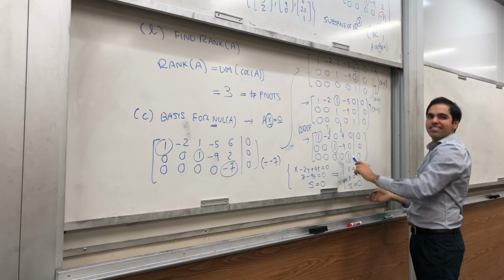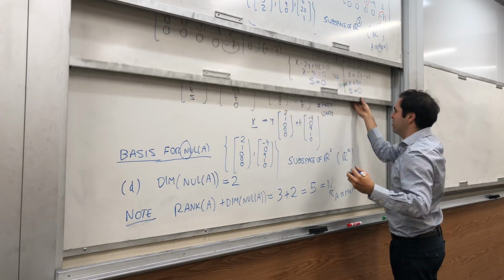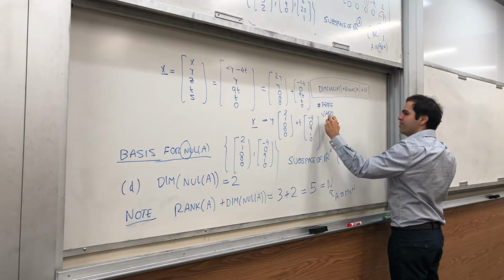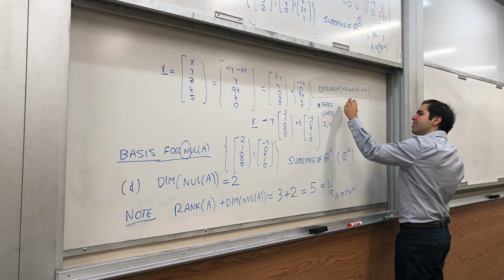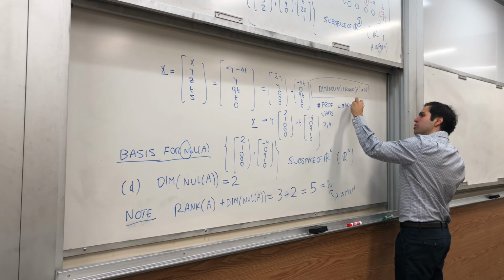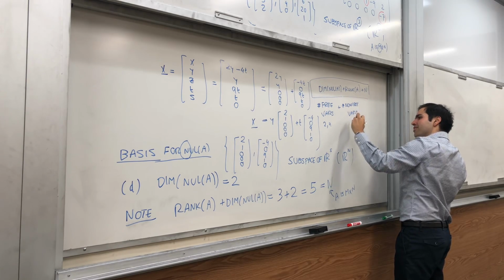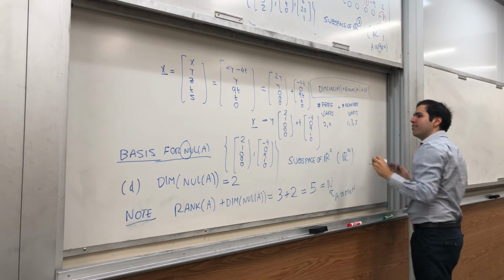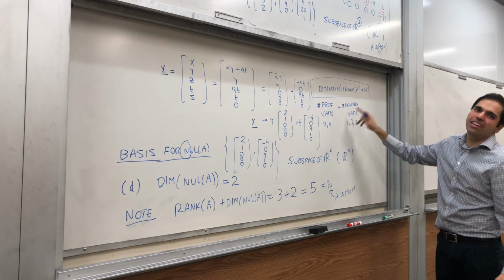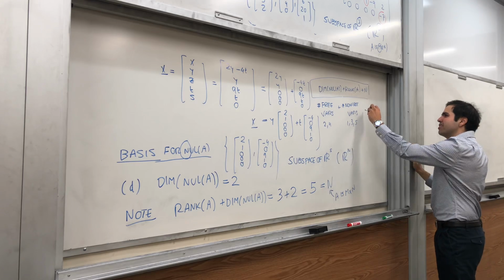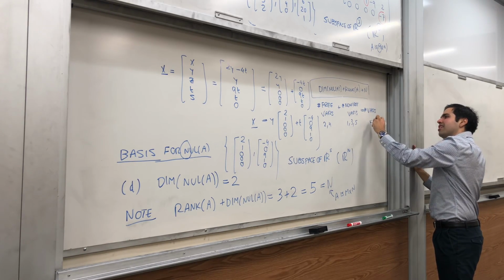The pivots give us the non-free variables, the pivot variables. So here it was columns 2 and 4 plus the number of non-free variables, which were columns 1, 3, and 5. Well, if you add the number of free variables and the number of non-free variables, you get the total number of variables, which here is 5.